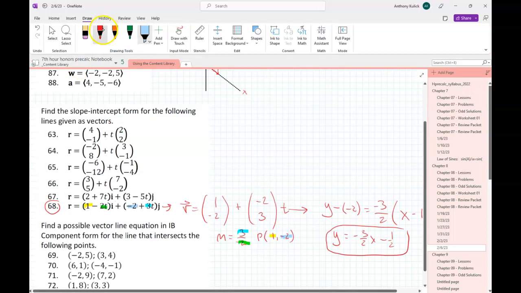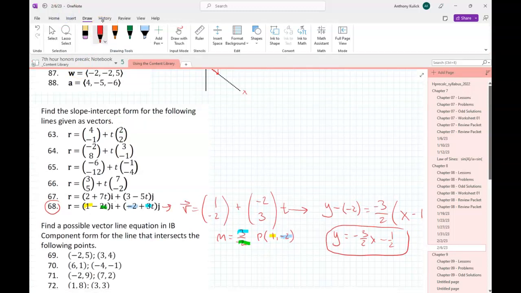So you could take it that way also, without having to rewrite it in the IB component form. But like, that's essentially what we're doing. Is that cool? Okay.